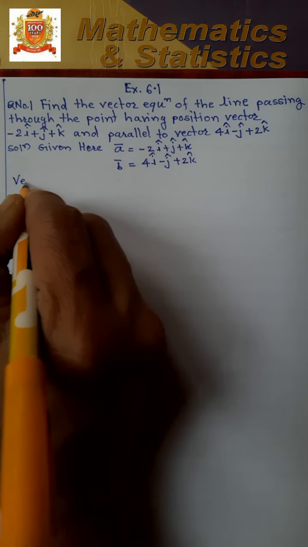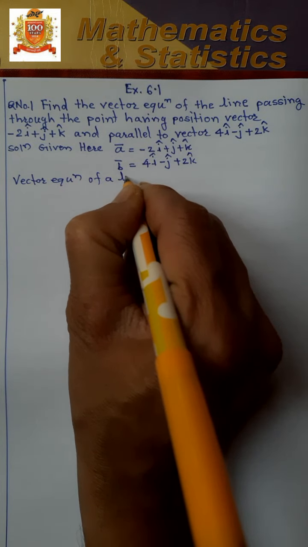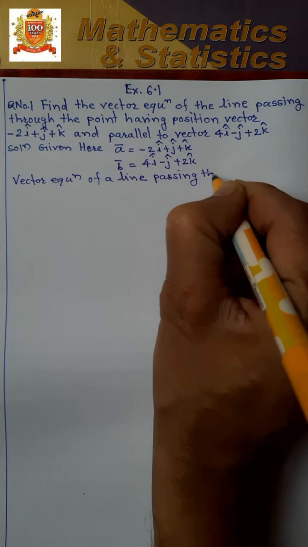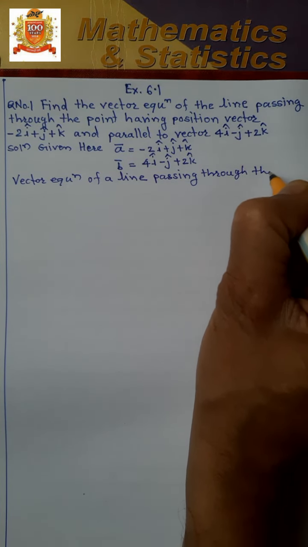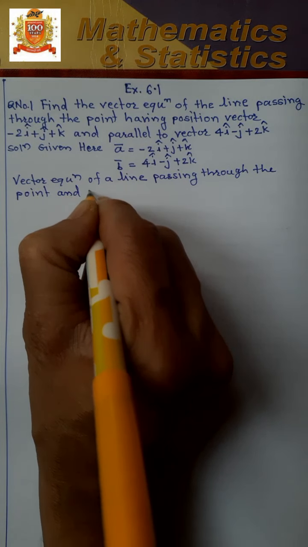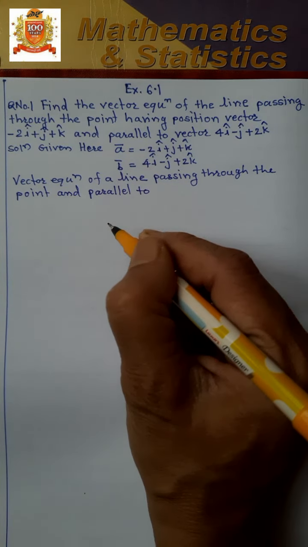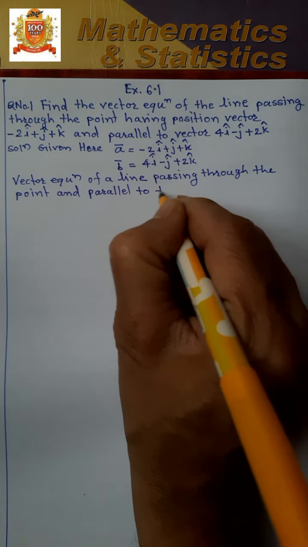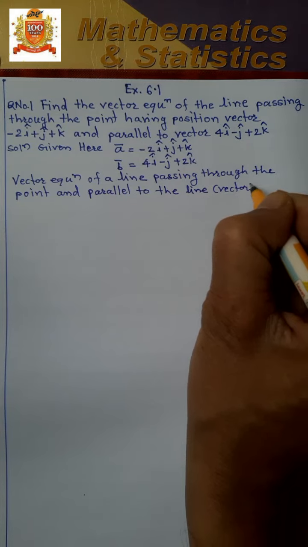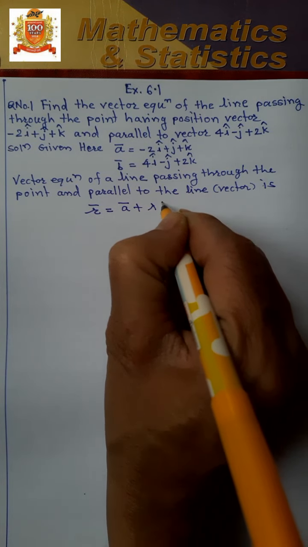Now the vector equation of a line passing through the point and parallel to the vector is r bar is equal to a bar plus lambda b bar.